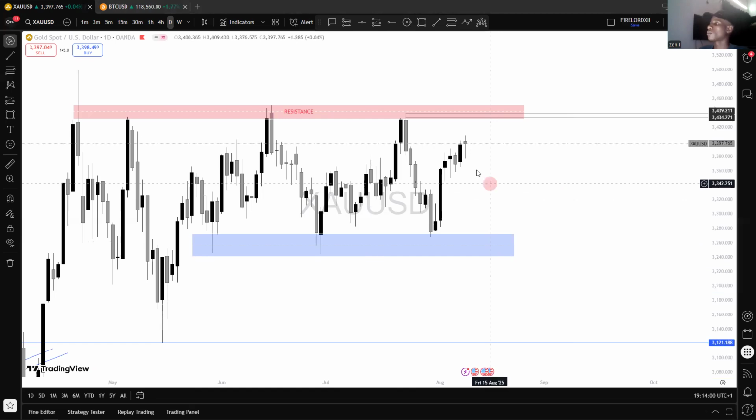Everybody will have to do their homework to try and determine the direction, whether price might break out or whether price will be pushed back.